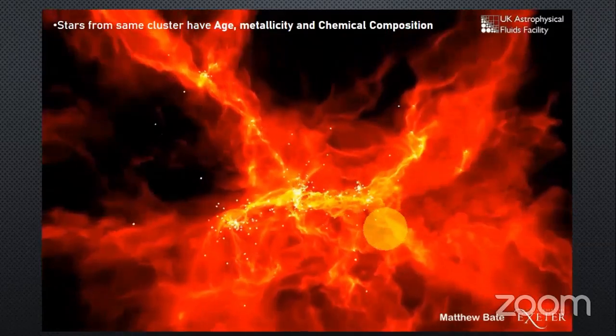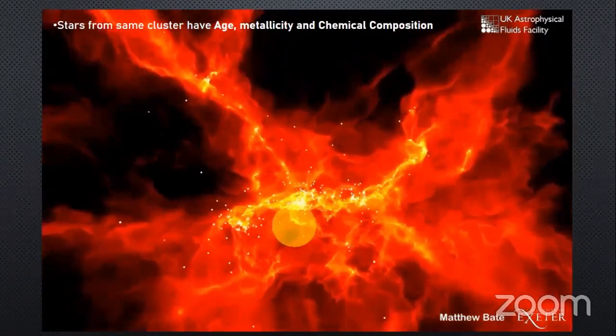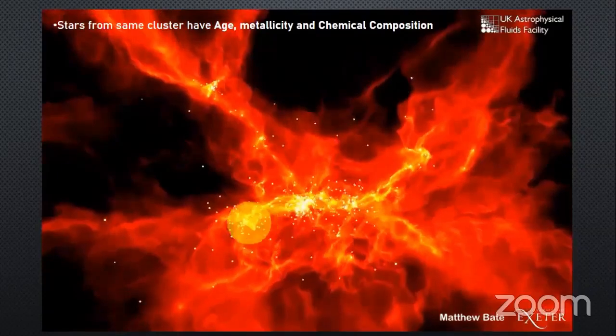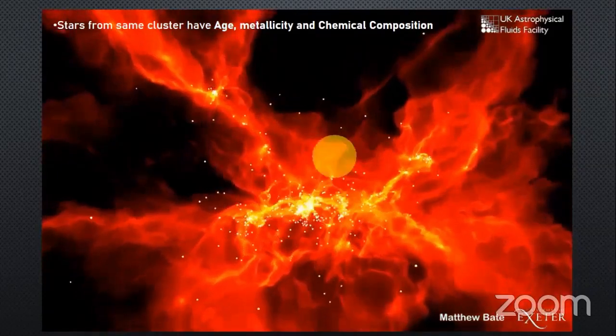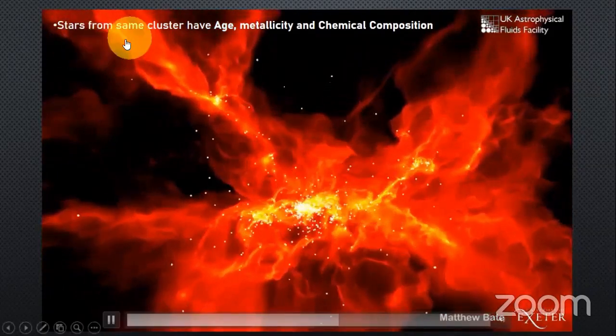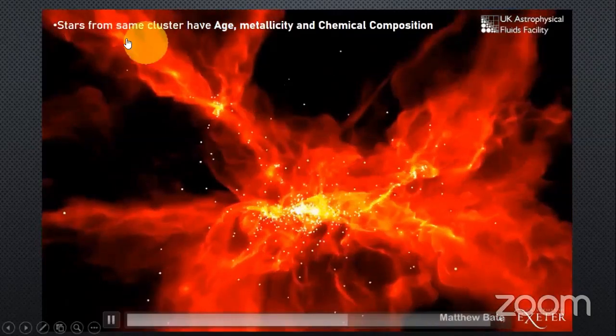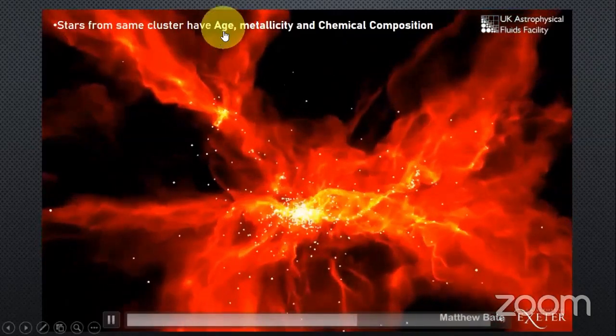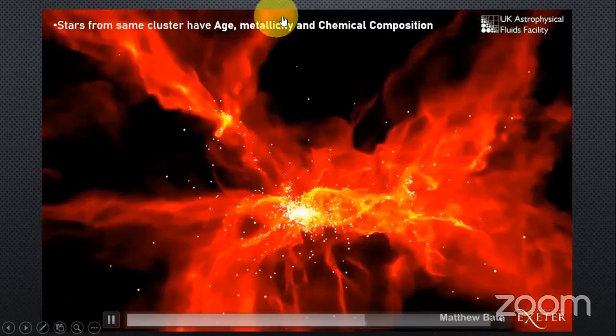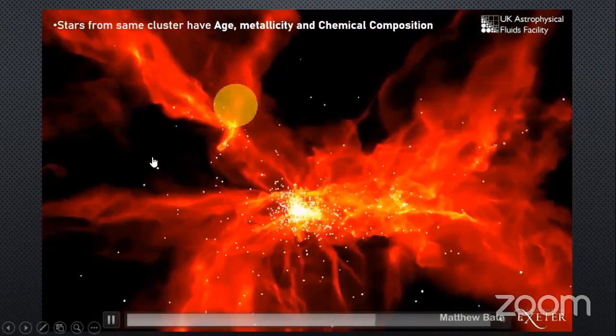As they are formed, you have a lot of them. Like I told you, stars from the same cluster have the same age, metallicity, and chemical composition. That makes a lot of sense.